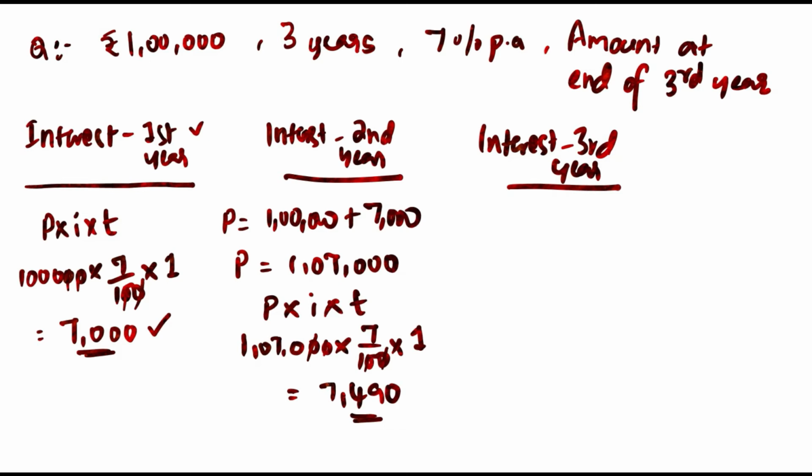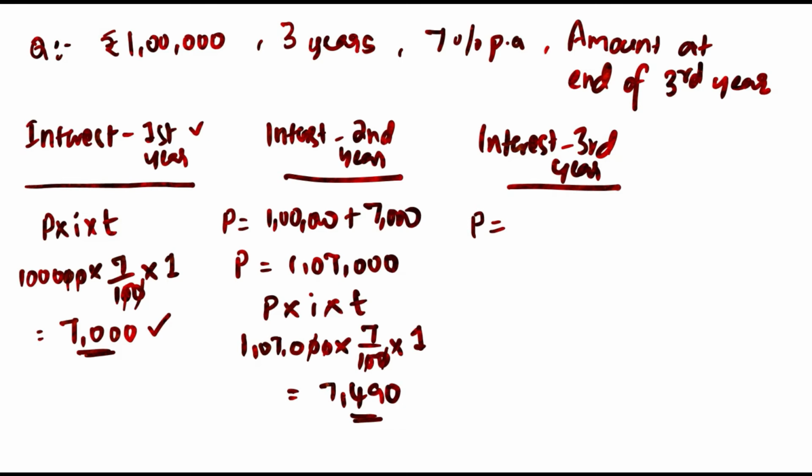Why is it? Because we are compounding this interest, we are adding that interest of first year to the principal. So principal got increased by 7000 rupees, and hence the compound interest for the second year also got increased by 490 rupees. Now we'll have to recalculate the principal for the third year. Okay, principal for third year.